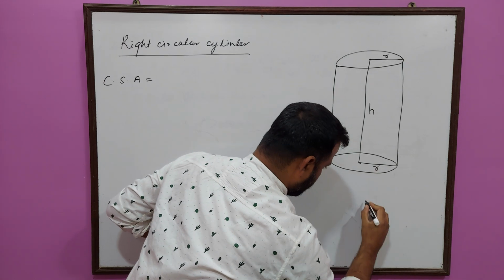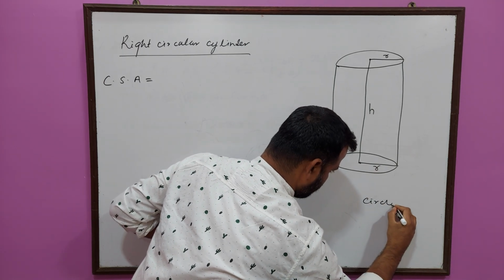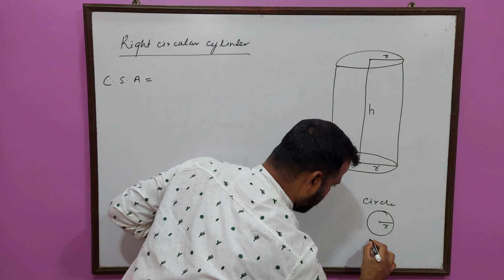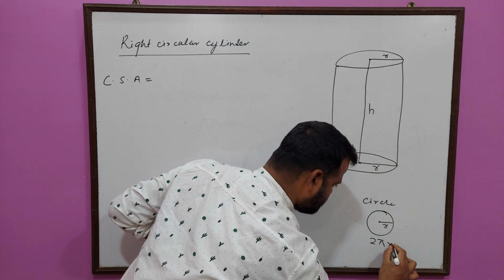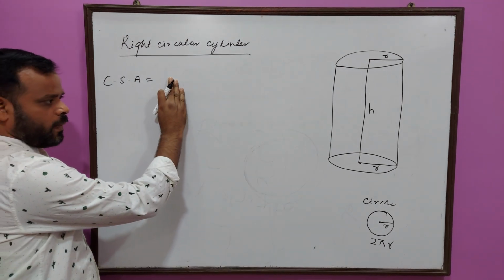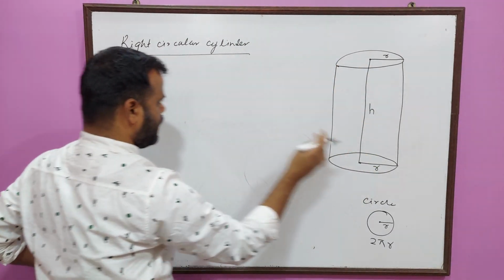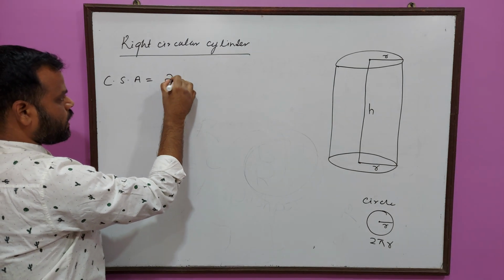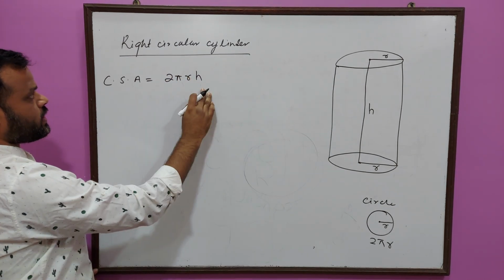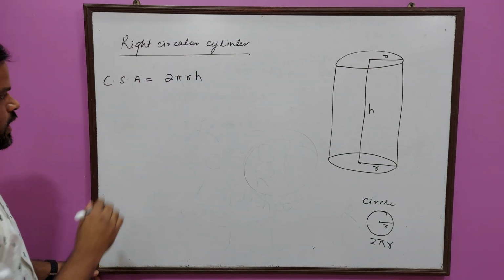The circumference of a circle of radius r is 2 pi r. So the CSA will be the circumference of the base into height, which is 2 pi r into height. So it is the CSA of a right circular cylinder.